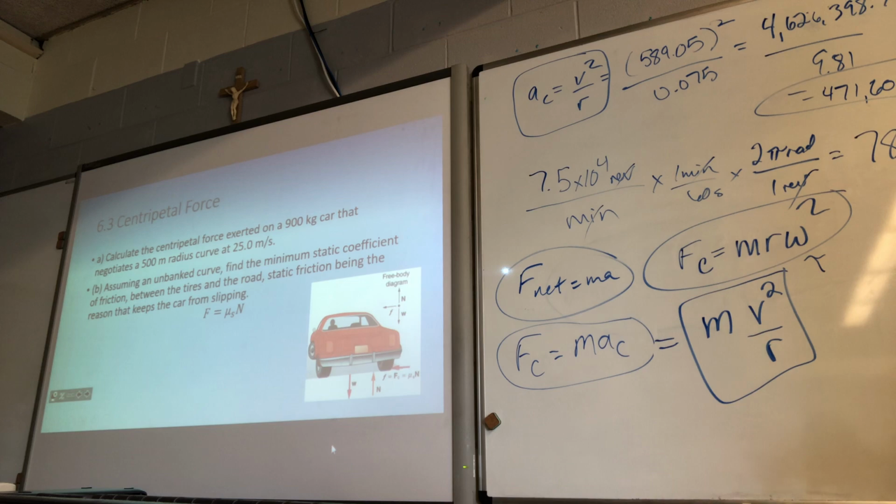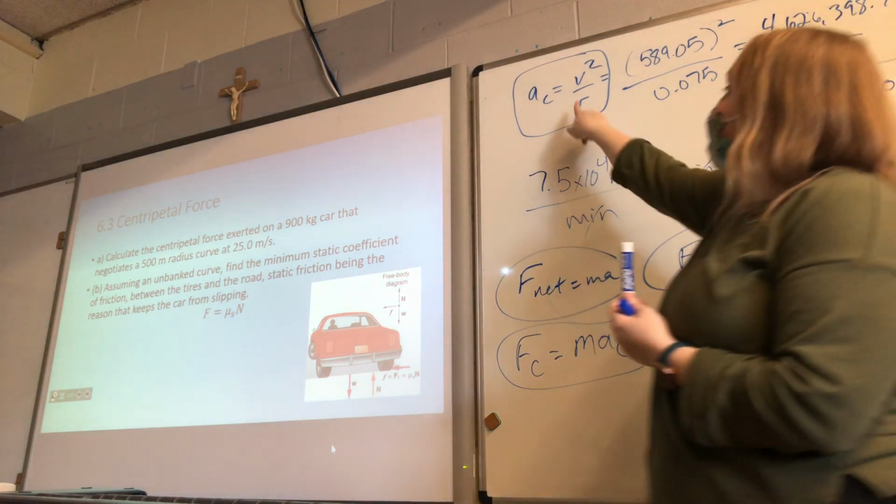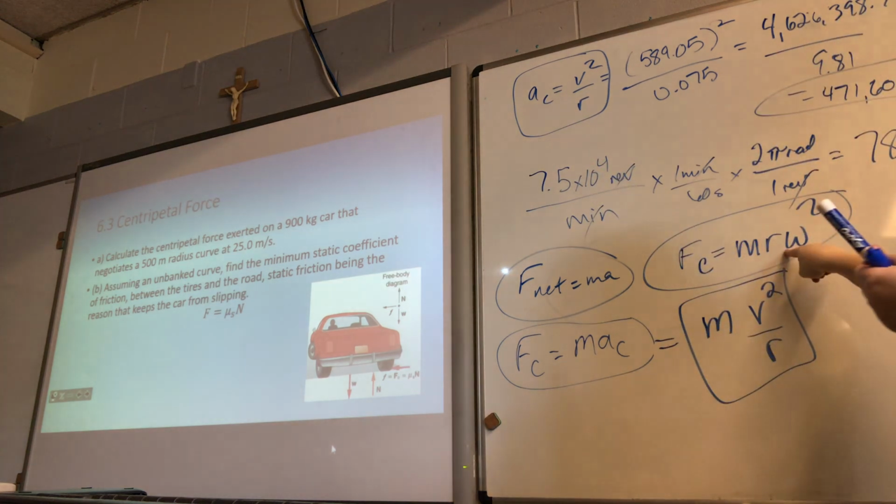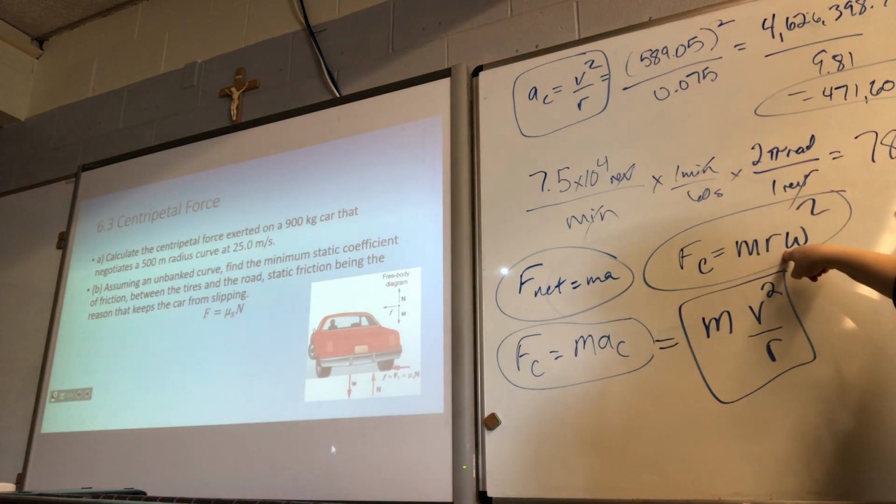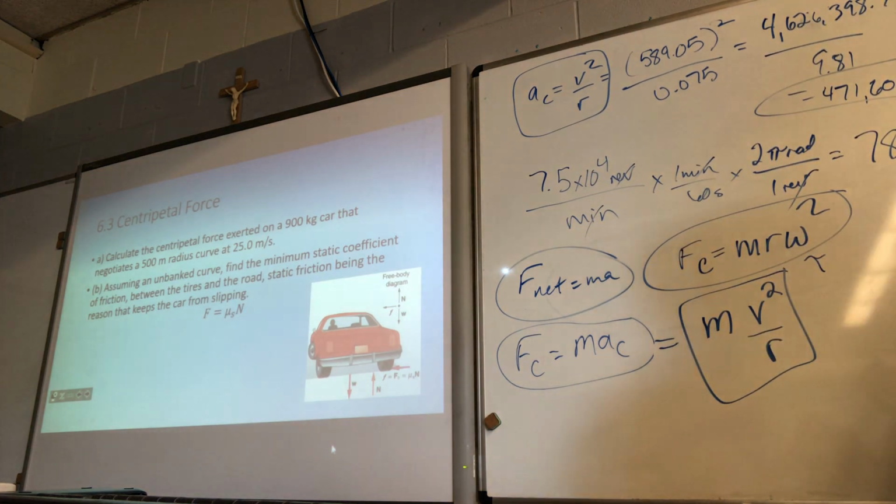Do you agree? Why? Because AC has a linear and an angular quantity. Oh, because V equals R omega. Okay. That make sense? Take it for granted if you don't.